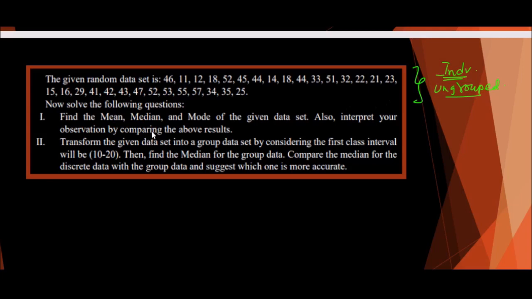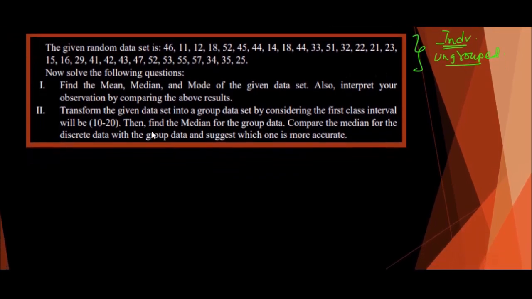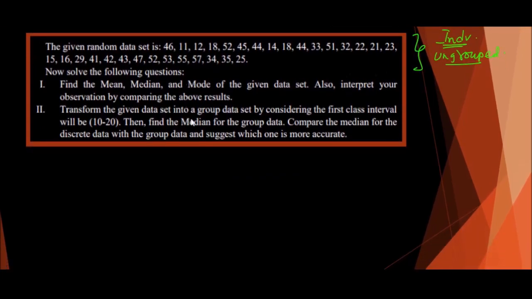After that, the next question: transform the given data set into a grouped data set by considering the first class interval to be 10 to 20, then find the median for the grouped data. So this entire data you need to convert into a grouped data set, considering the first interval as 10 to 20.